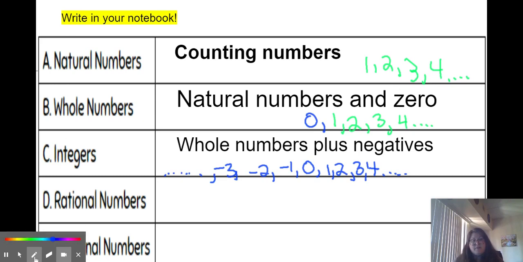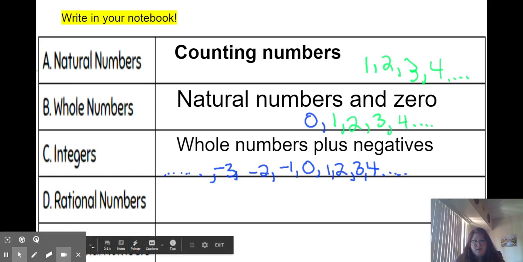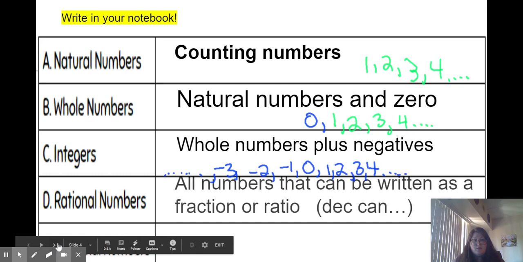For the rational numbers, we know we are talking about all of the above. It can be a whole number, it can be an integer, it can be a natural number, but it also can be any number written as a fraction or a ratio.